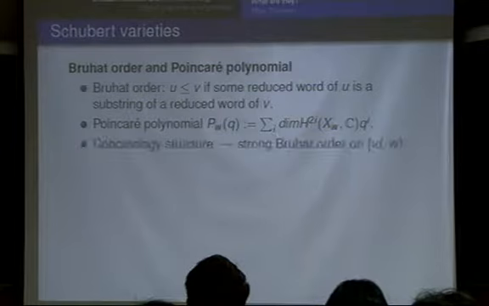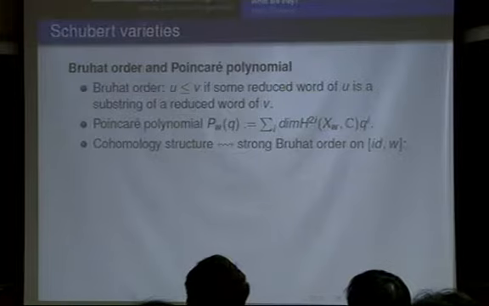And there is a very well-known correspondence between cohomology structure and this Bruhat order. This is called the strong Bruhat order. And the interval between identity and W means those elements less than or equal to W in this partial order.